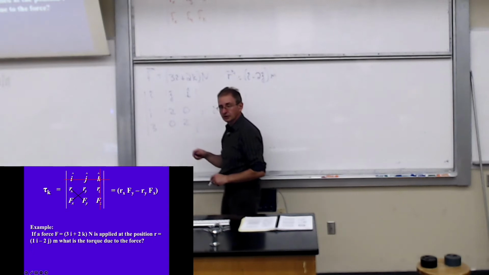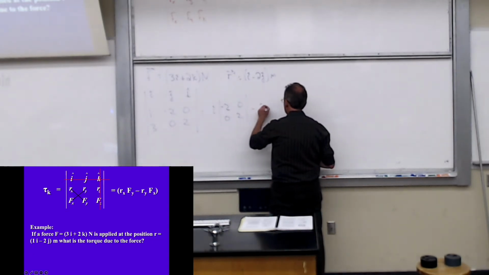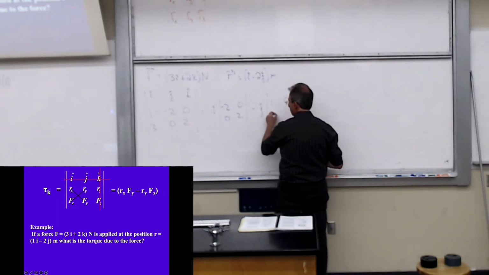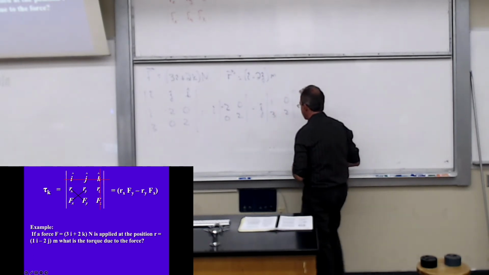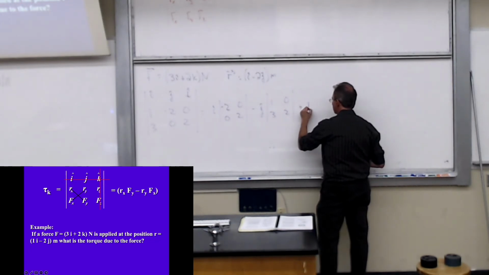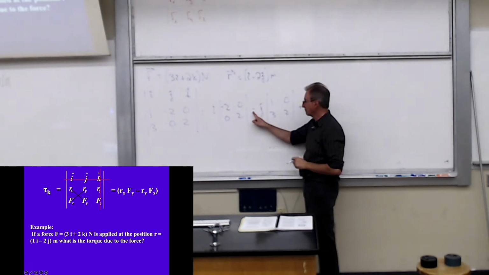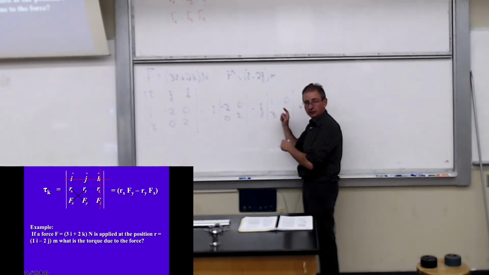But for the middle term, you have to put a minus sign. For the last term, the k hat term, by the way, the even numbered columns always get a minus sign. If this was a four-dimensional problem, which you deal with in relativity, the fourth column would also have a negative in front of that term.